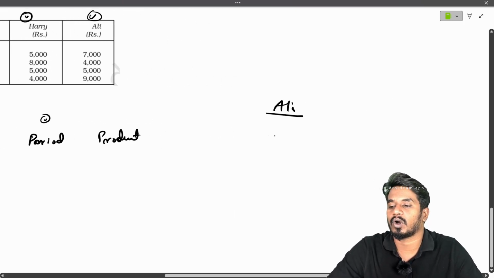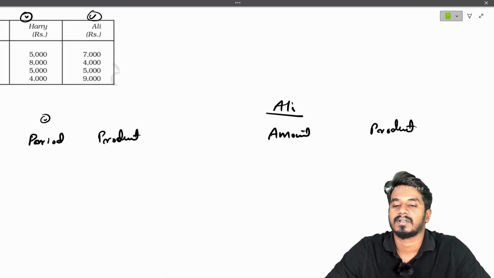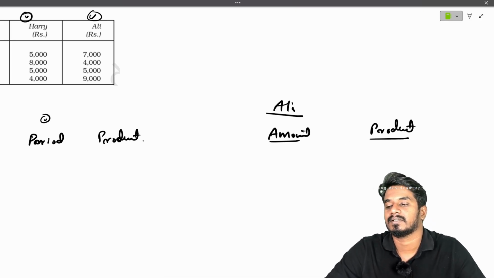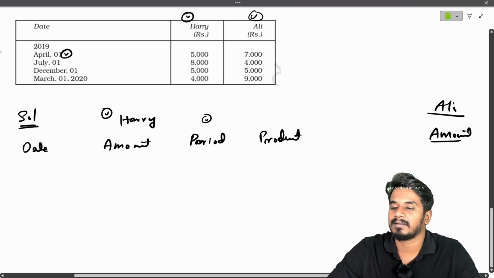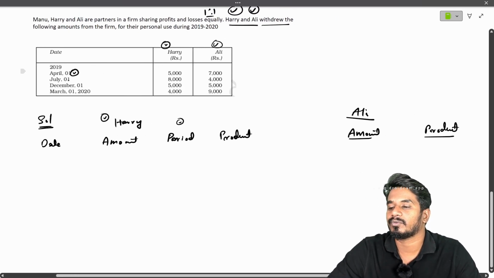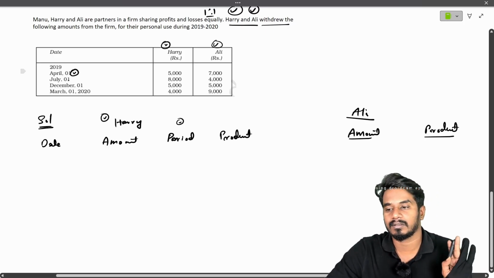Just amount and product we will calculate. Understood? Because they are sharing the same dates and it will be the same period. So if you want, you can add date and period again. You can copy paste the same thing.